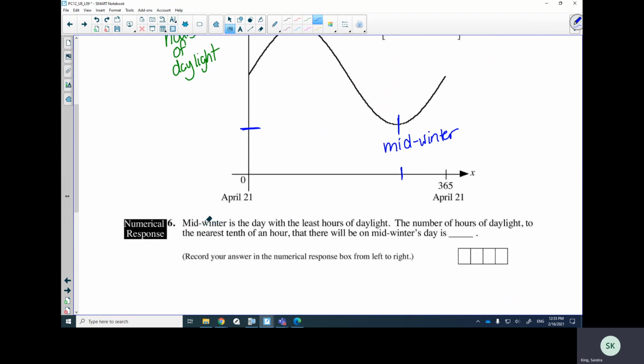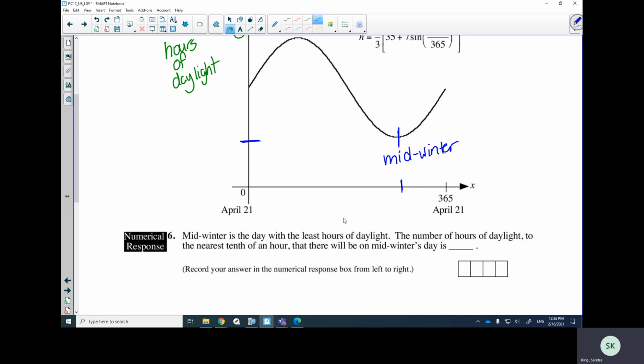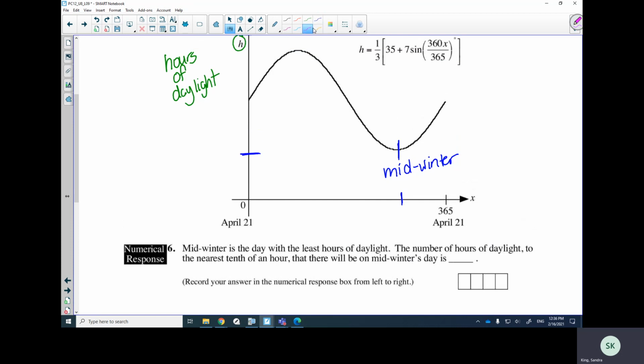So what it says for this question, midwinter is the day with the least hours of daylight. The number of hours of daylight to the nearest tenth of an hour will be. So basically what they want is, for this first one, they want that value there, right? What's that minimum? And they want the number of hours of daylight. So that means they want the y, whatever the y is.